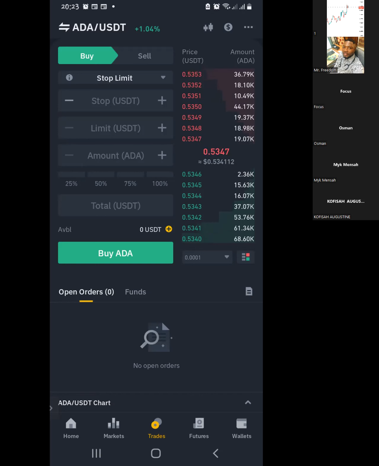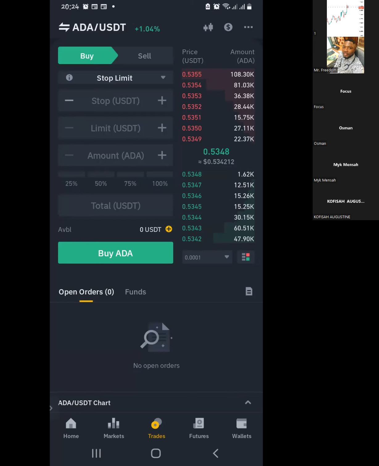With limits, if you are buying, you are saying that when the price falls to a certain amount, buy. But what happens if the current price is already lower than the price you are setting? When you set up a buy limit order, most of the time it executes right away, as if you are setting up a market trade.